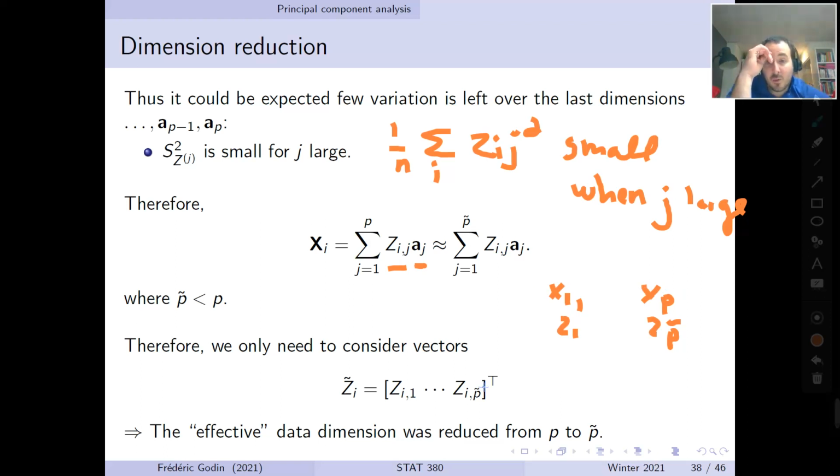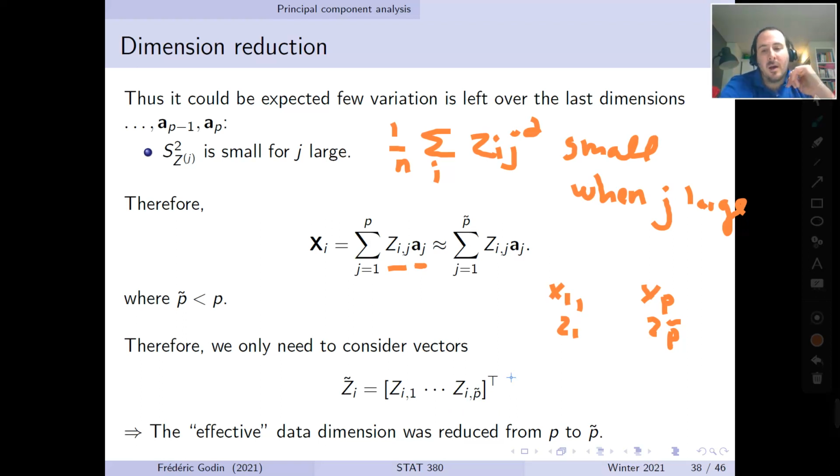Okay, so we only need to consider the following coordinates or predictors for the ith observation, which is z tilde i, which can be basically written as zi1 until zi p tilde. Okay, and we can transpose it if we want to make it a column vector.